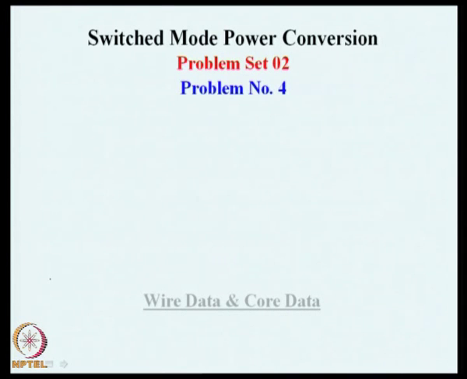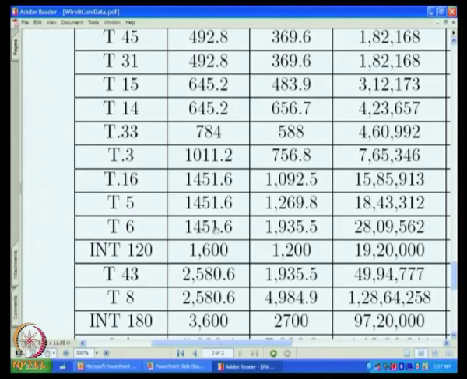So, we say that ACAW tells us T16 can be used for this particular application, and for that core the iron area is 1451 and the window area is 1092.